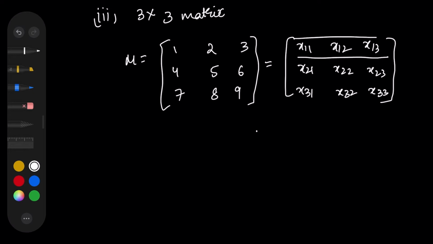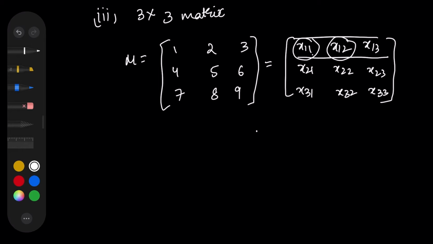Let's say I chose this first row. After I chose this first row, for every element in this row, say for example if I take the x11 element, I'll have to find the cofactor matrix of this element x11, and after finding the cofactor matrix, I'll have to multiply it with x11, and I have to do the same process for the rest of the elements.